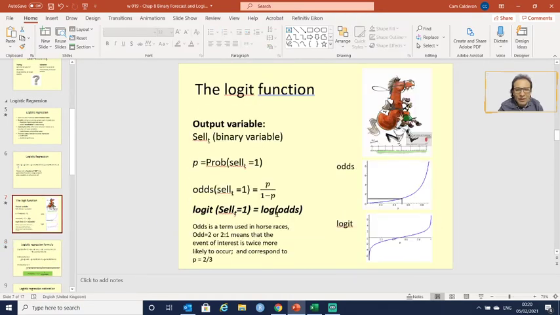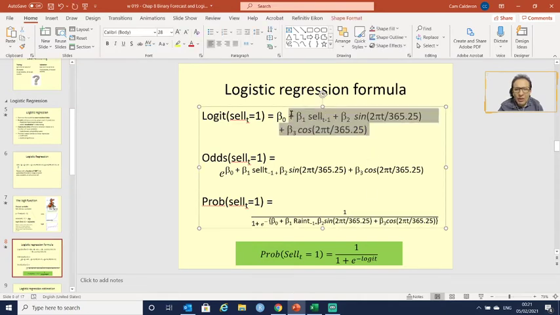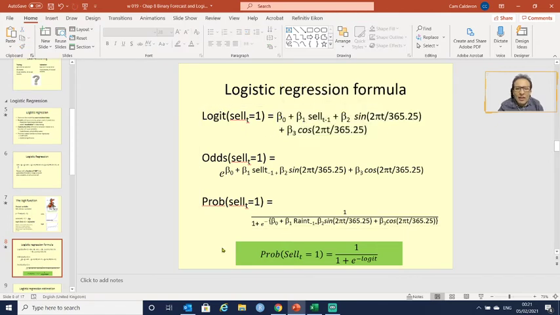So if we follow those equations, we will arrive to this, and we can generalize everything. The probability of cell equal 1 is 1 divided by 1 plus E to the power of minus the logistic regression, this regression that we have here. So that is the generalization.